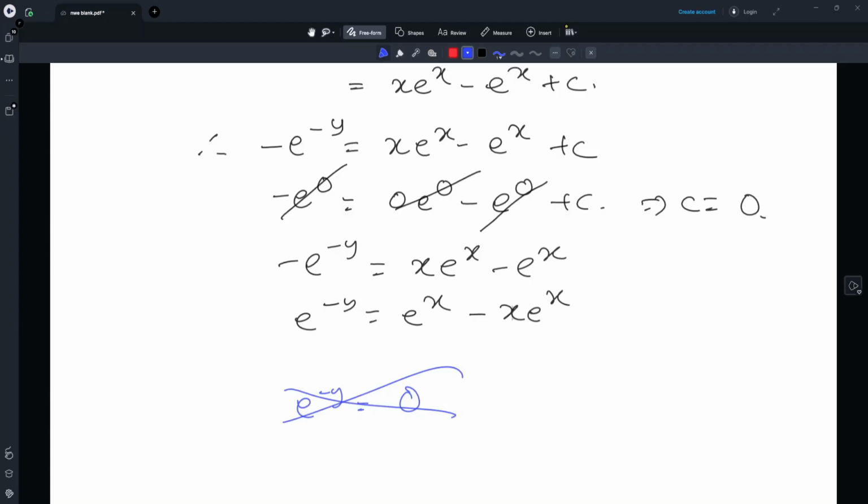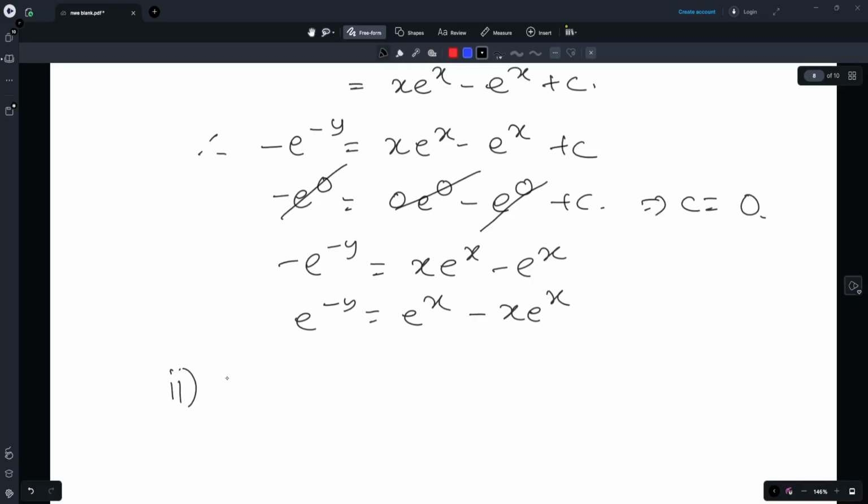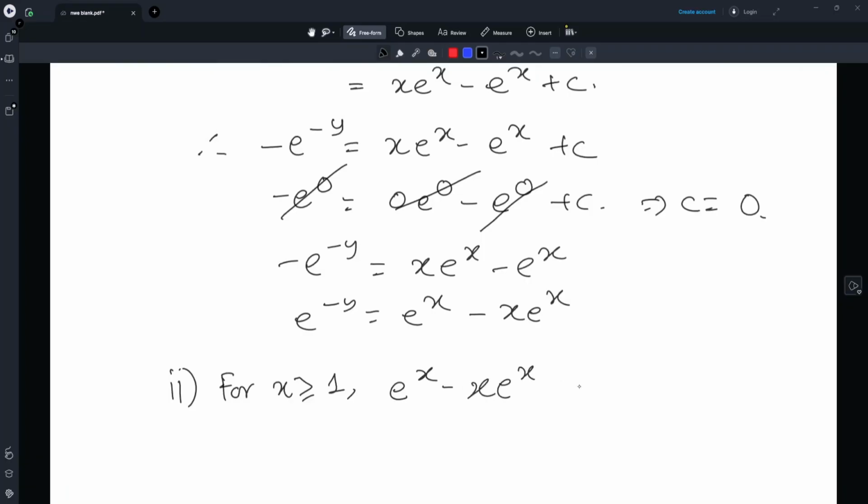If I had something greater, then eventually it turns out that I have a greater number here, I multiply with that, and this becomes a lot greater. So I can write it down like this: for x greater than or equal to 1, e to the power x minus x e to the power x becomes less than or equal to 0.